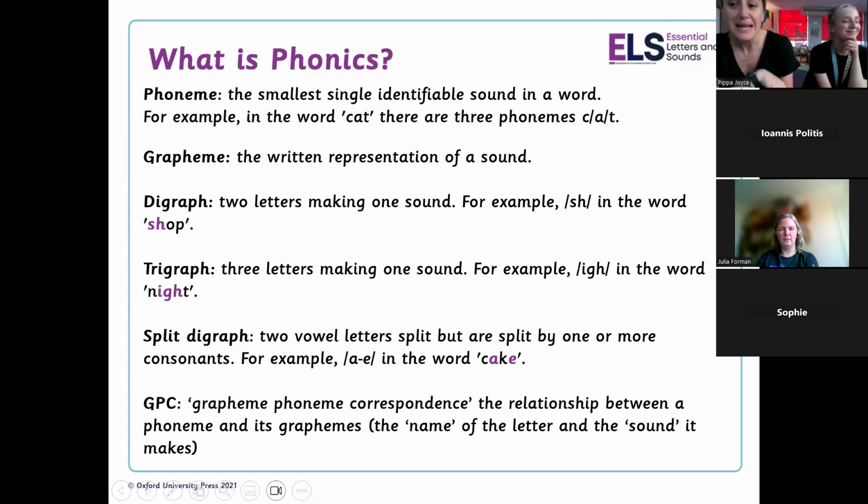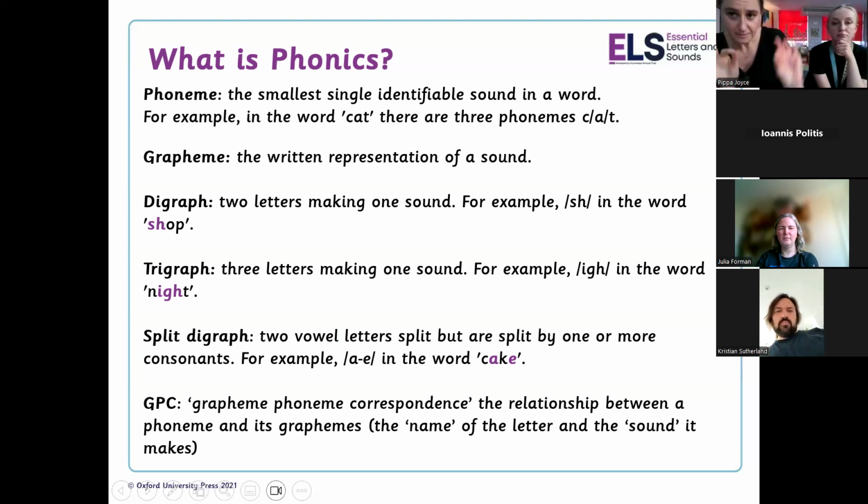Then you have a split digraph, which is 2 vowel letters, so they're always vowel letters, that are split by 1 or more consonants, which makes it highly difficult for children to recognise where they are in a word. So the example here is A in the word cake, so that they see that the A and the E are split, but they're making the A sound in the word cake.